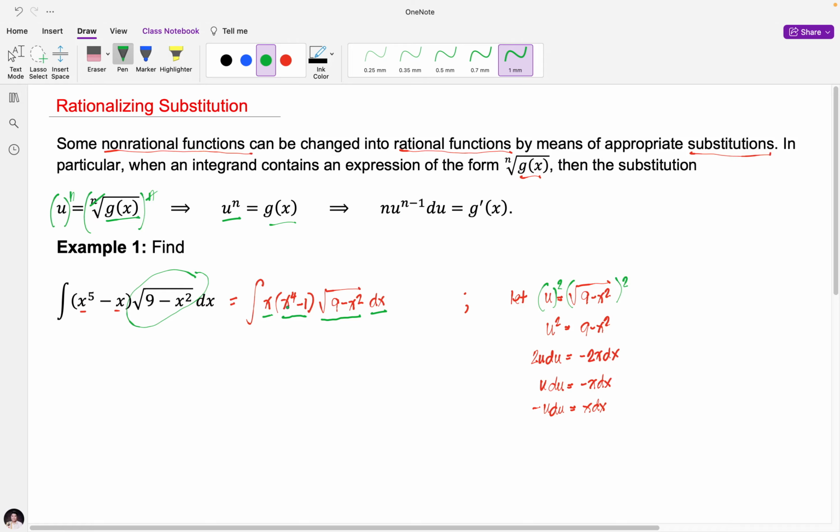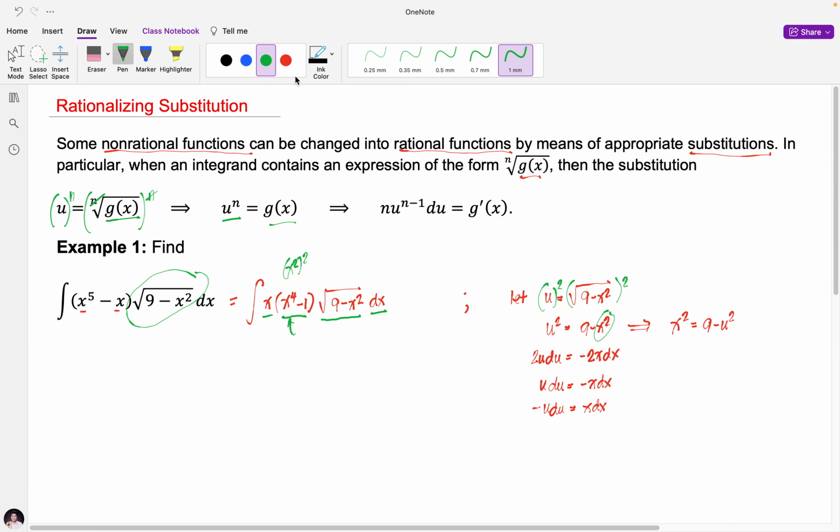But take note that x raised to 4 is just x squared raised to 2, right? And you can find x squared here. So from that, solving for x squared from this expression here, x squared is just equal to 9 minus u squared. So pwede nating i-substitute yan dito sa ating x raised to 4.